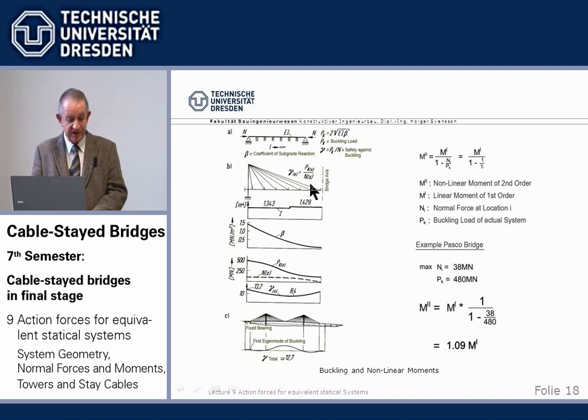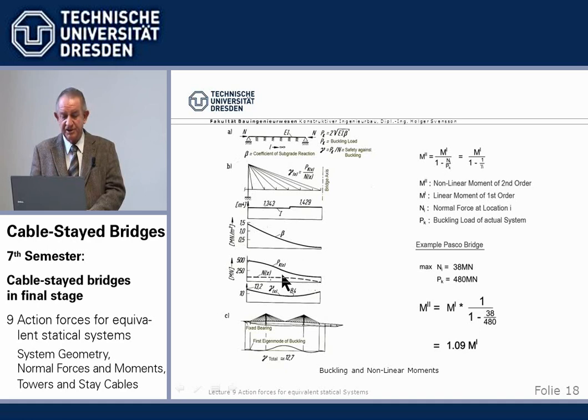If we have a real cable-stayed bridge, we have a more or less constant bending stiffness of the beam. We have an increase in the elastic, say, soil support for a beam on elastic foundation, because here at the tower we have the nearly vertical cables. The stiffness of the support becomes bigger.